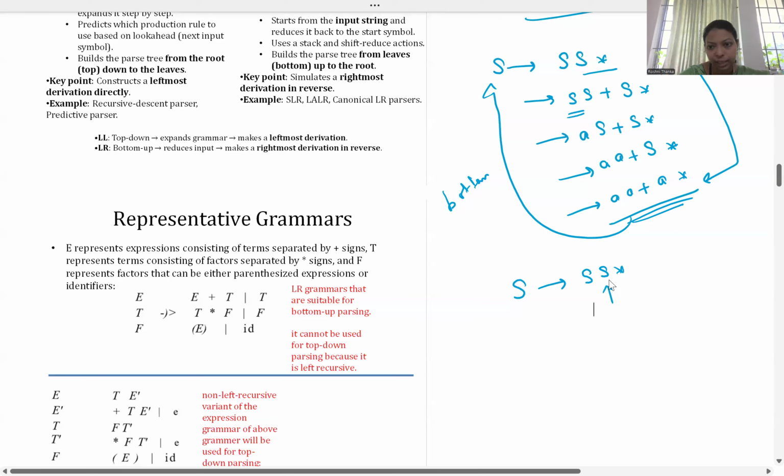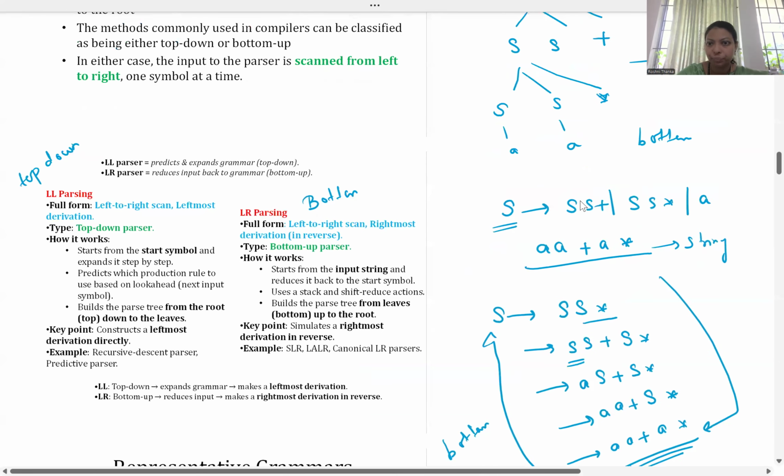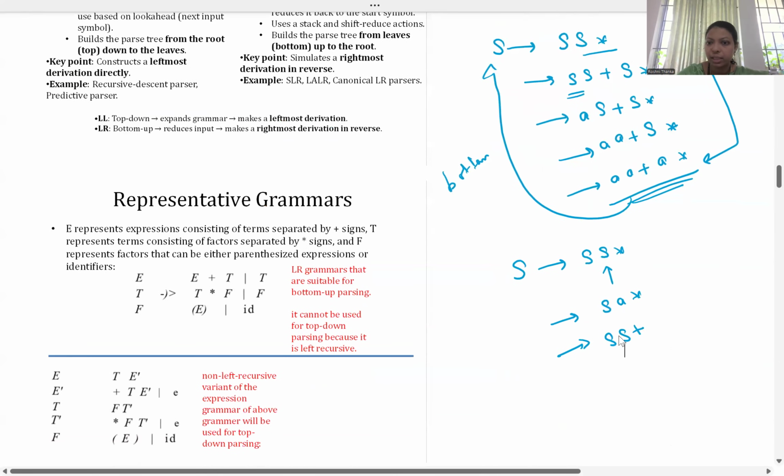So this S can now be replaced by a, and this is replaced by small a and star. Now again we have only one non-terminal from the right side. This S can be further divided into S + S, which means from this production, this S is replaced by this, and the rest of the thing I am writing as it is.